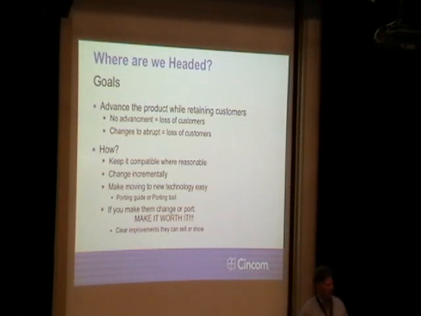So just some ideas about how we plan to do that. We want to keep it compatible where it's reasonable. I say where it's reasonable, we don't want to just force things to be backward compatible where we'd be constraining our forward progress. Change incrementally.